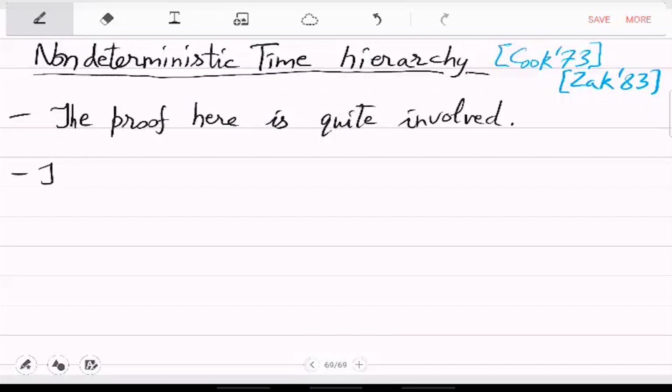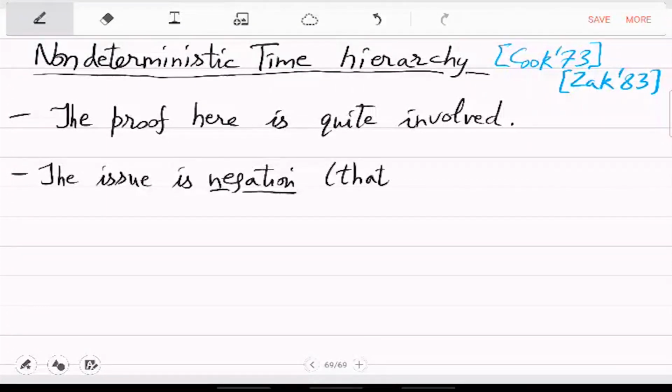So the issue is negation. That takes you to the co-class.